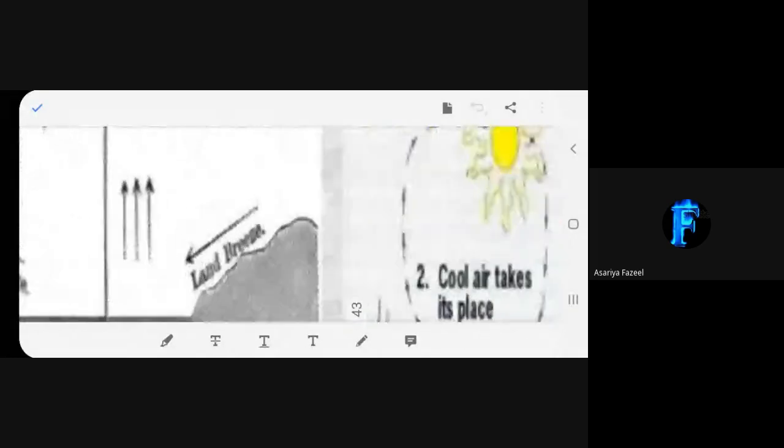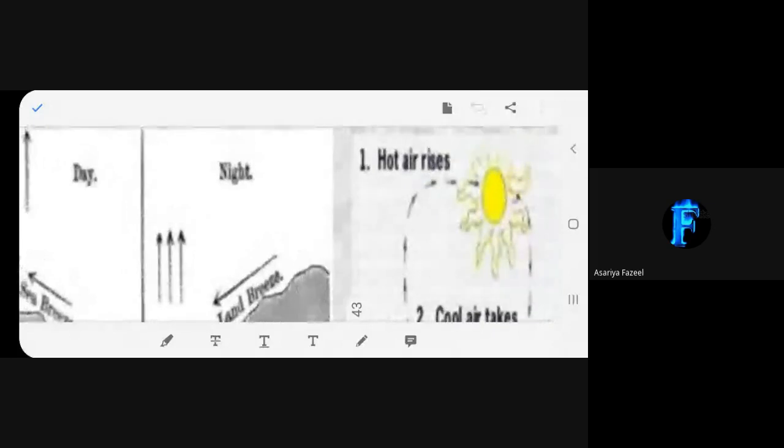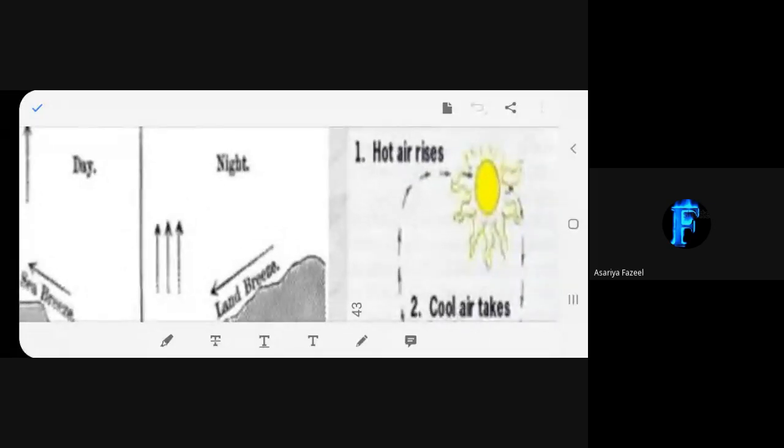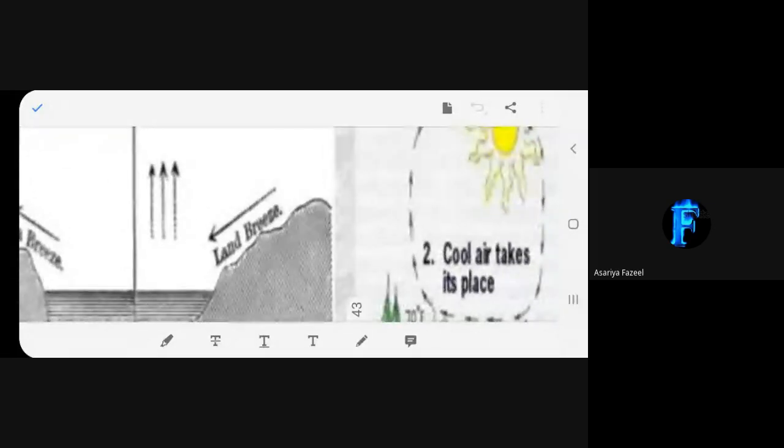Now, during night time, you see over here, what happens at night time? The land cools faster than water. I think you should know that. In night time, the land cools faster than the water. The water is hot and the land is cold.